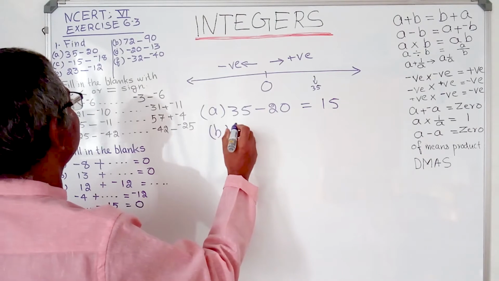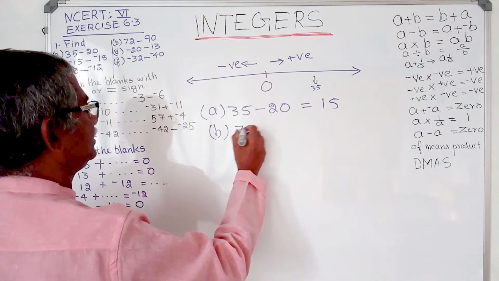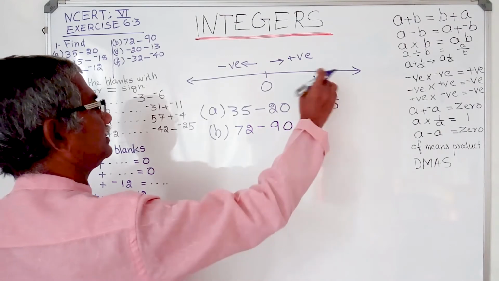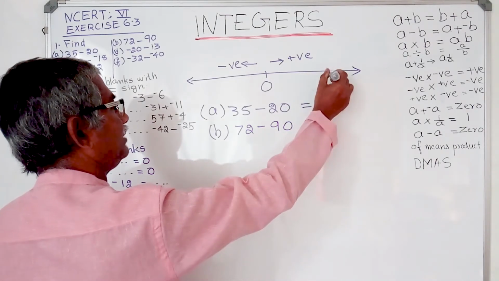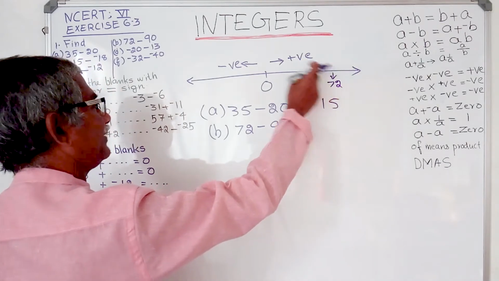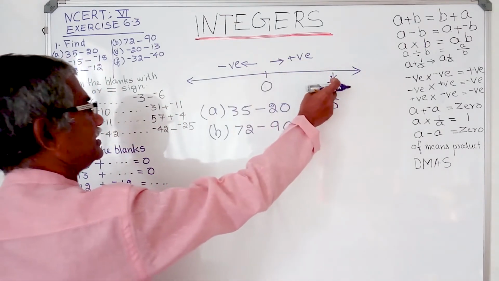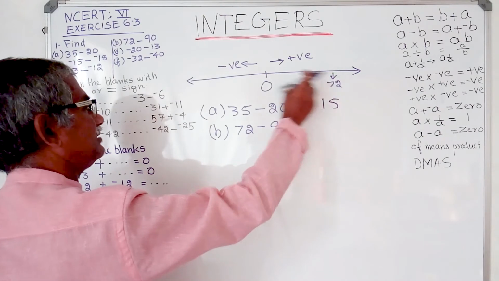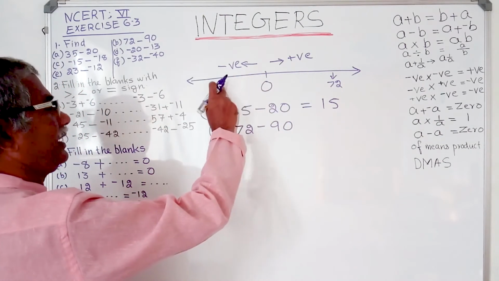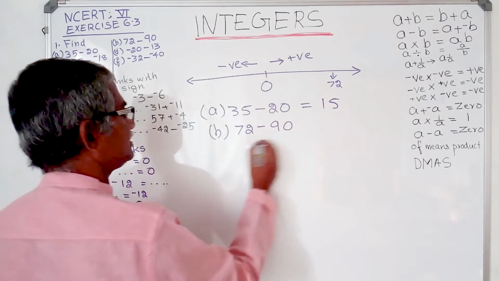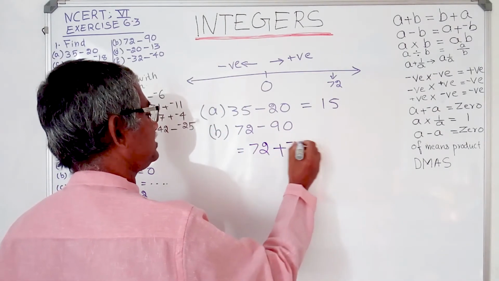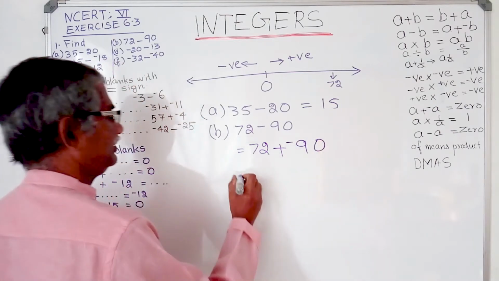Next one, 72 minus 90. Suppose somewhere maybe here is 72. Going backward 90: 72 minus 72, you are reaching 0, again going back. Which means 72 plus negative 90.